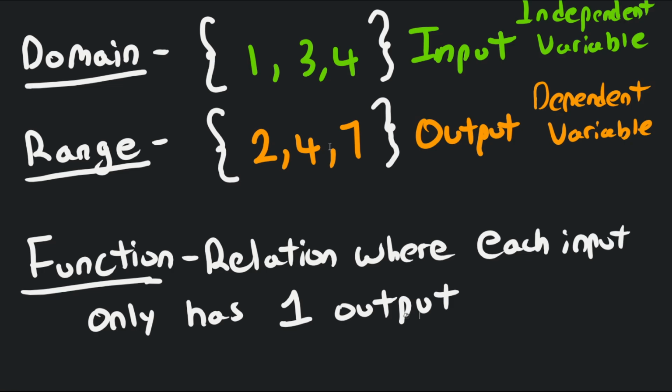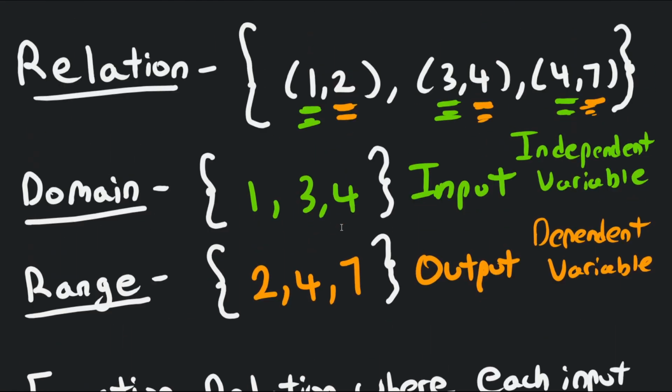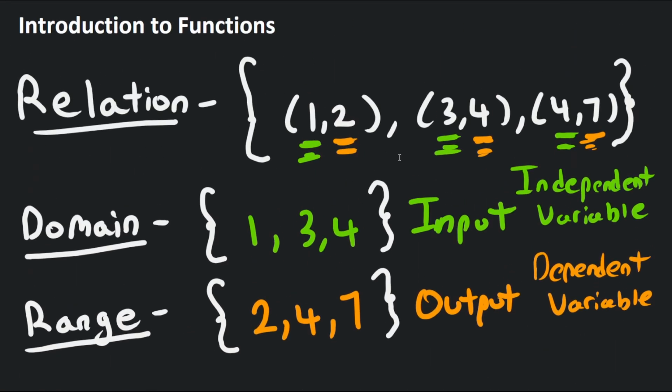So a function is a relation where each input only has one output. That's what makes a relation a function. So our question here is this relation that we started with, (1, 2), (3, 4), and (4, 7): is this relation a function?